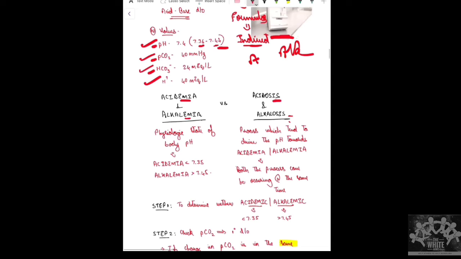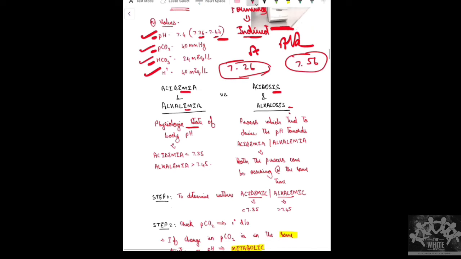What is acidemia? It is the physiological state of the body where the pH is acidic. So if there is a pH of 7.26, then we call it acidemia. Or if the pH is 7.56, we call it alkalemia. But what is acidosis? Acidosis is the process which tends to drive the pH towards acidemia, and alkalosis the process towards alkalemia.